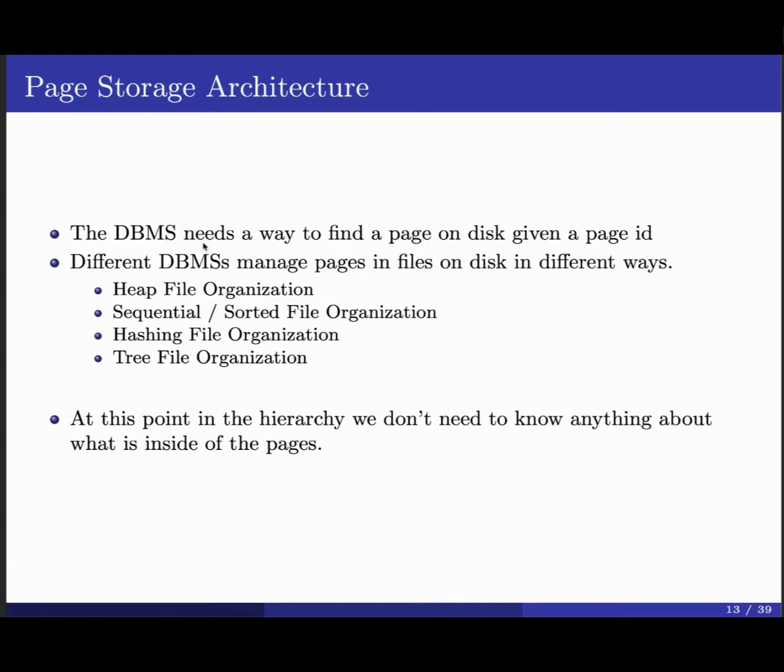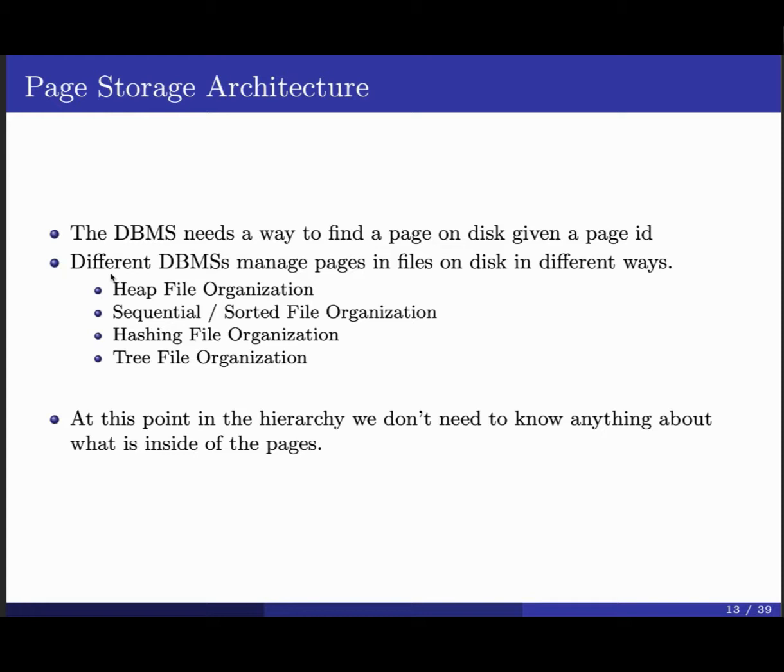The same thing here. The database management system needs a way to find the page on disk, given a page ID. From a higher level, someone will say, I need page 16, and you need to find a way to get page 16 from the disk.